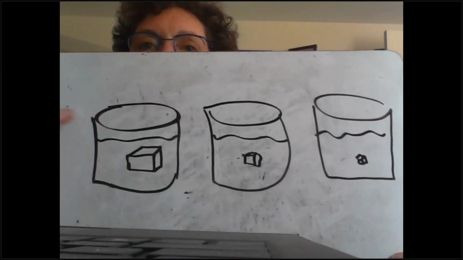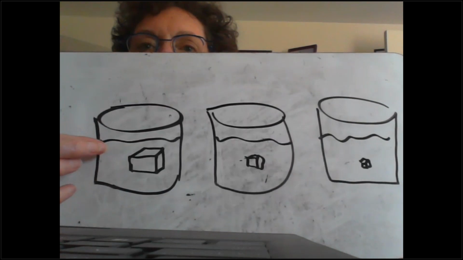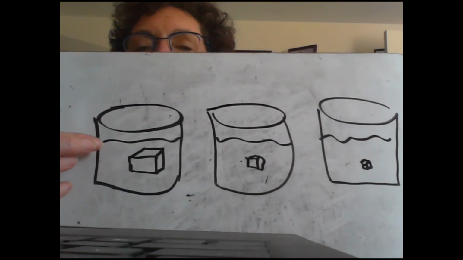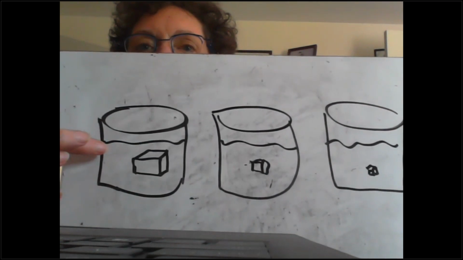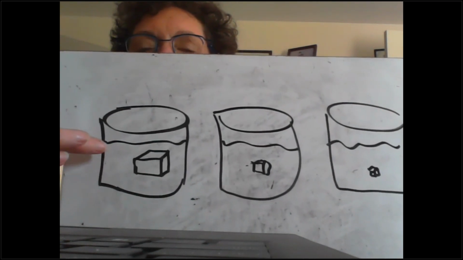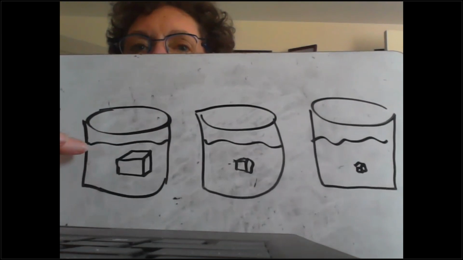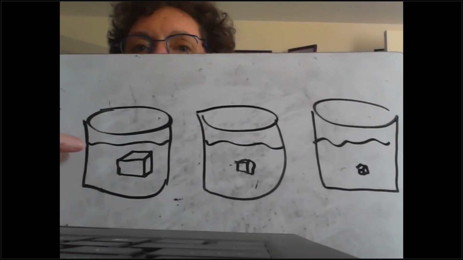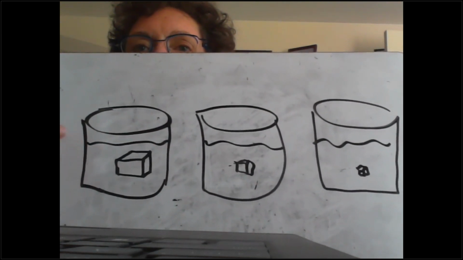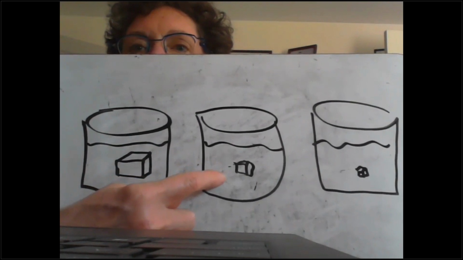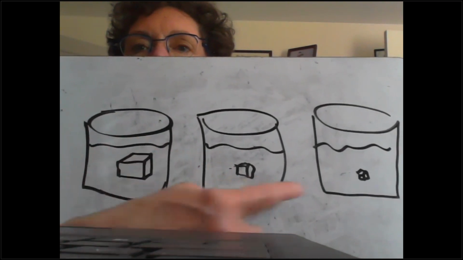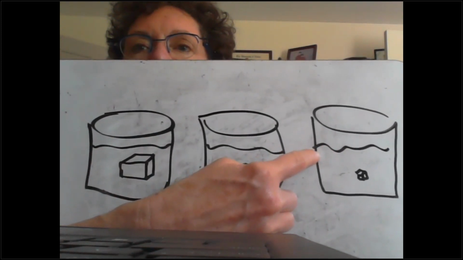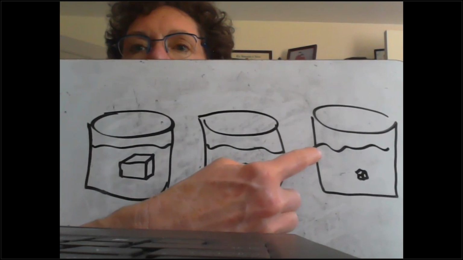Let's say that these containers are all the same size, a 1 cup measure, with 1 cup of water at 60 degrees. I have a 1 cup container with 1 cup of water at 60 degrees in this one, and the same in this one.